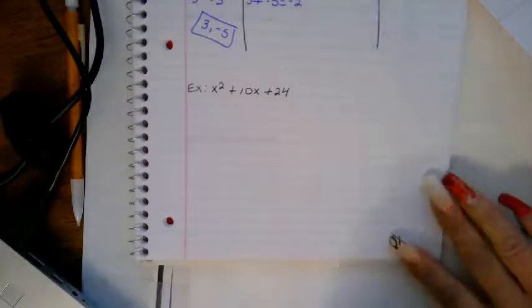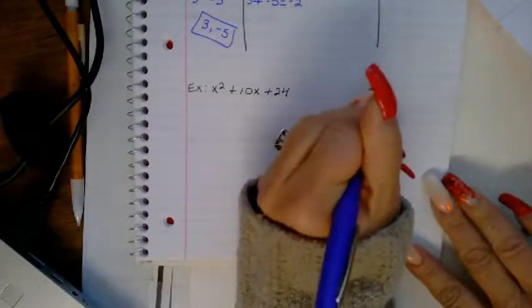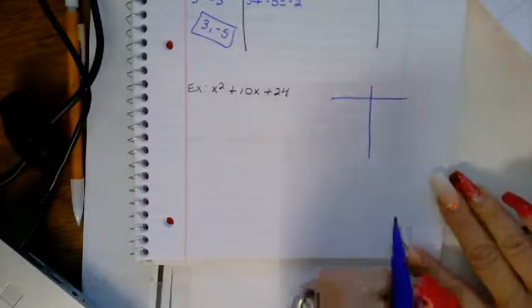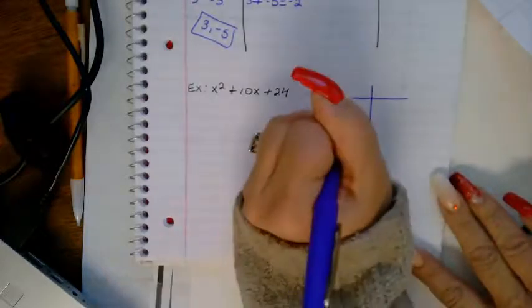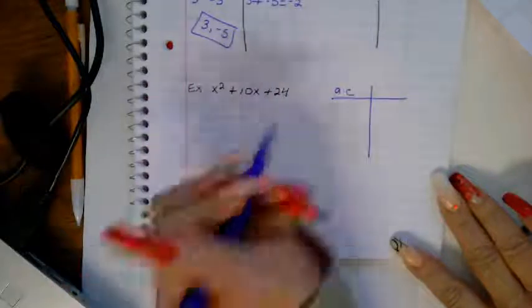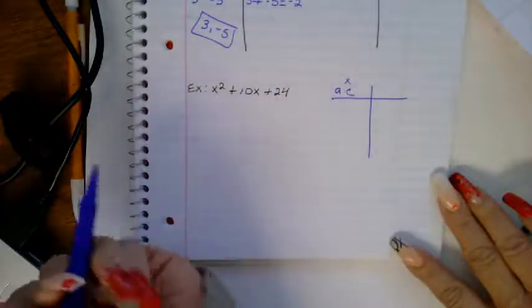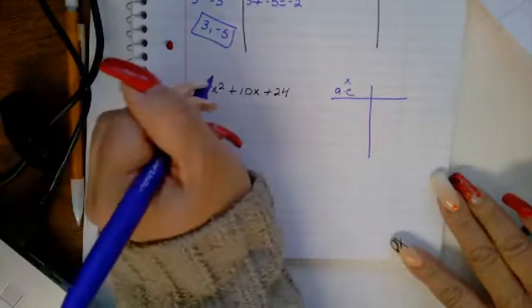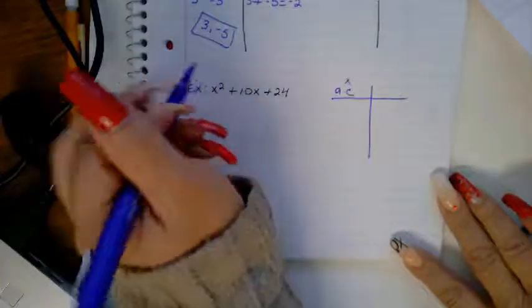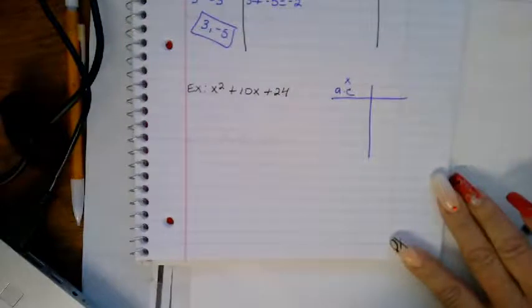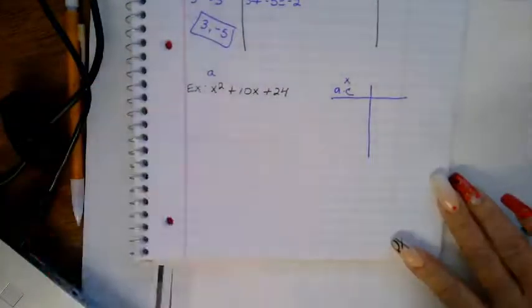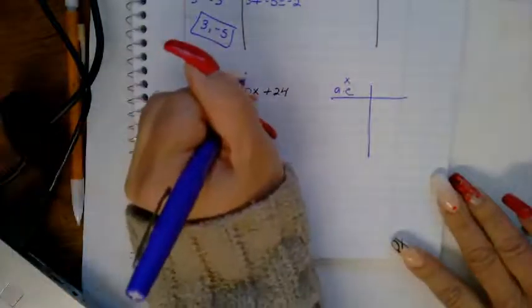I'm just going to go off to the side, and I'm writing at a weird angle, so it's going to be even messier than usual. Remember, our first box is our A times C, right? So we're multiplying. If you look back on those steps, I showed you the formula: ax squared, so this one is our A, then plus bx, so this is our B, and then plus C. That's where we're going to get these numbers from.